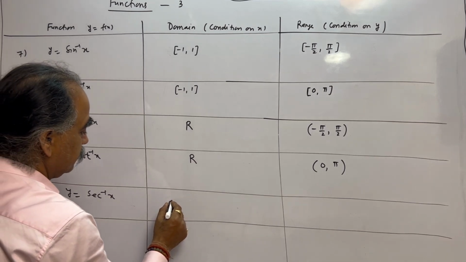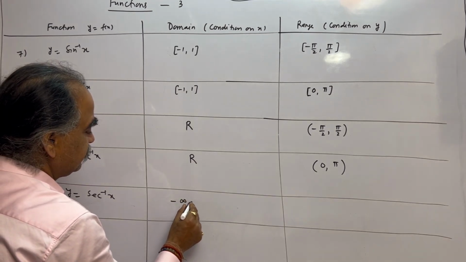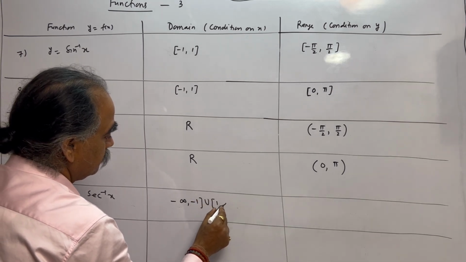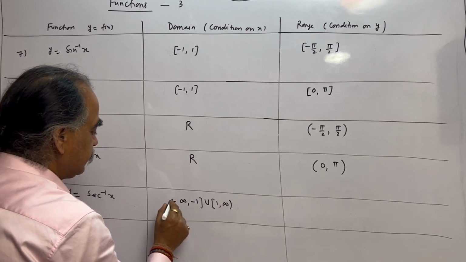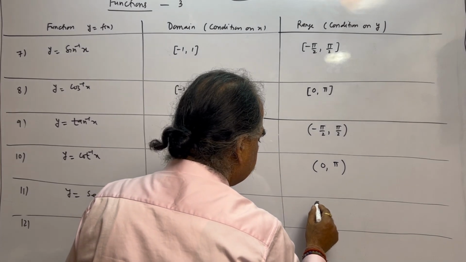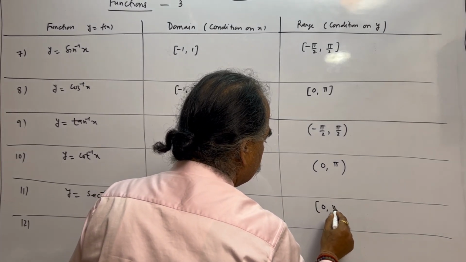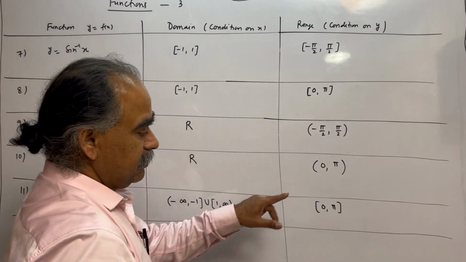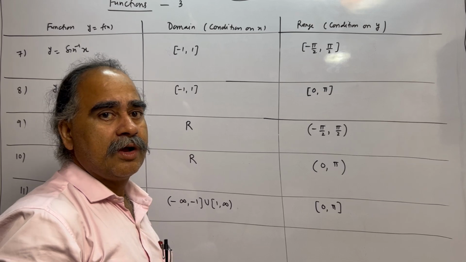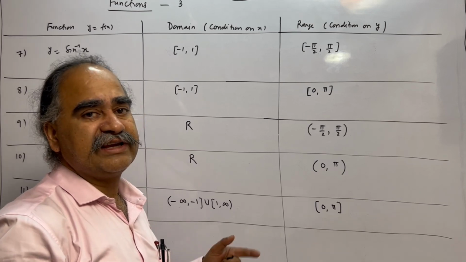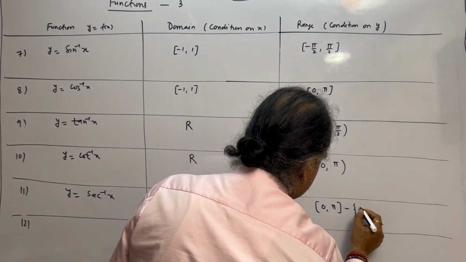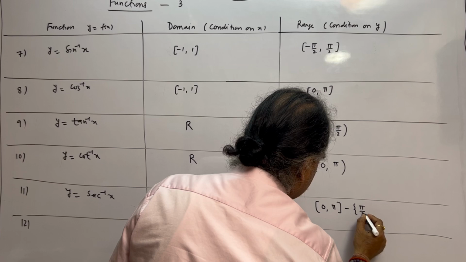Domain is minus infinity to minus 1 union 1 to infinity, and range is the closed interval 0 to pi. But between 0 to pi, pi by 2 lies. At pi by 2, cos becomes 0, so sec is not defined. So minus pi by 2.